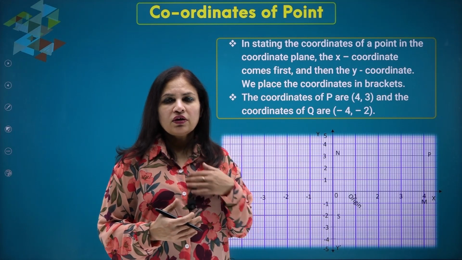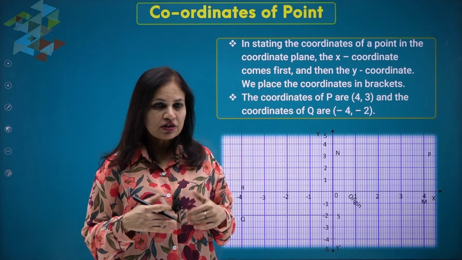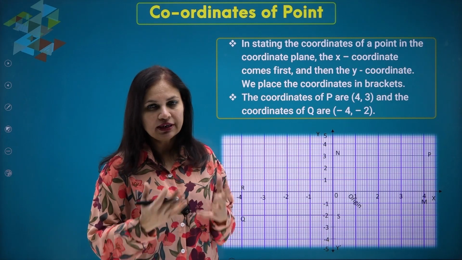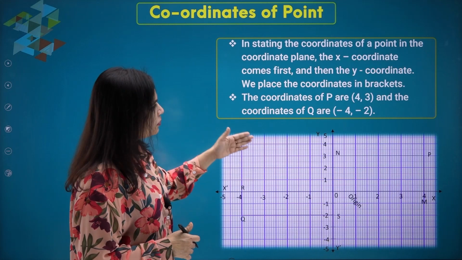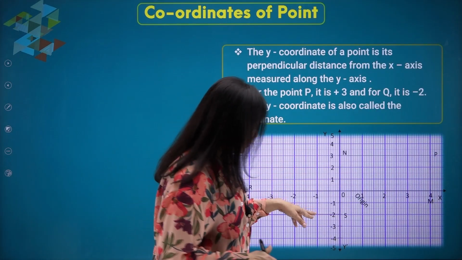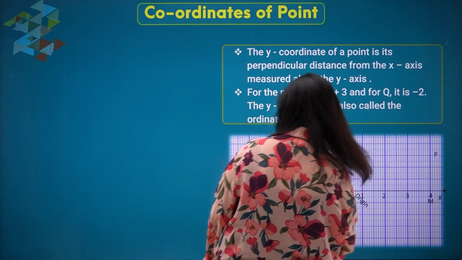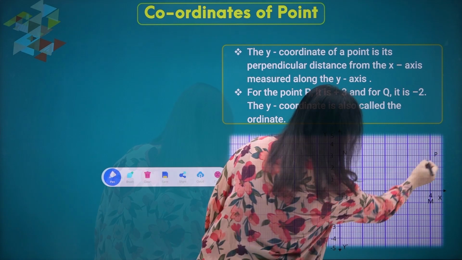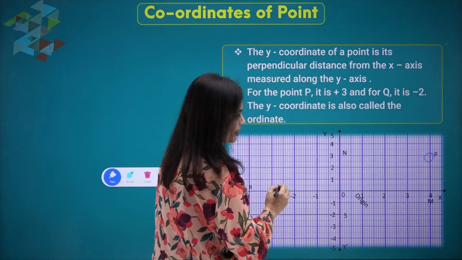So the coordinates of a point in the coordinate plane, the x coordinate comes first and the y coordinate comes later. That is why they are known as ordered pairs. And this we have already discussed, that the coordinates of P are (4, 3). If I look at point P here, how do we get the x value?